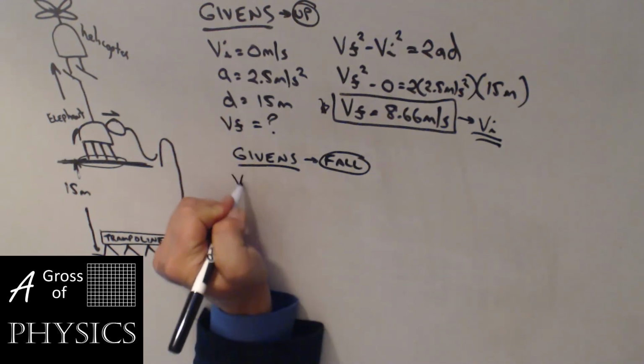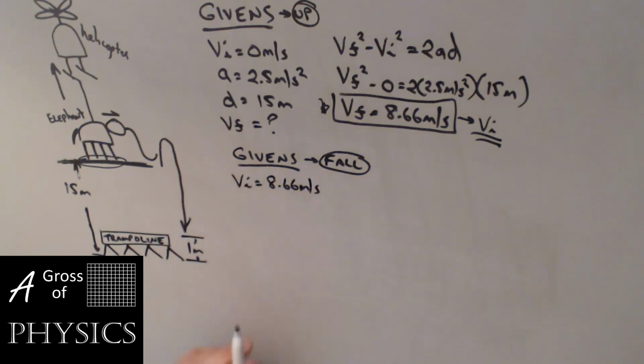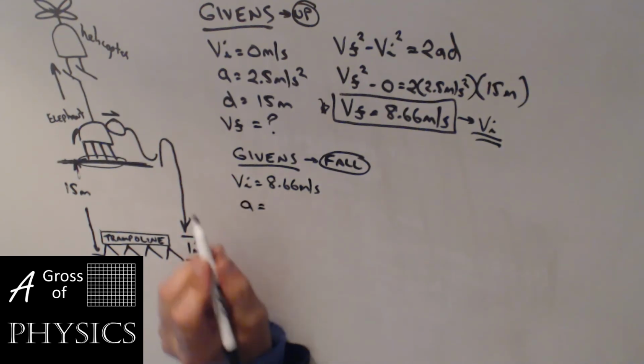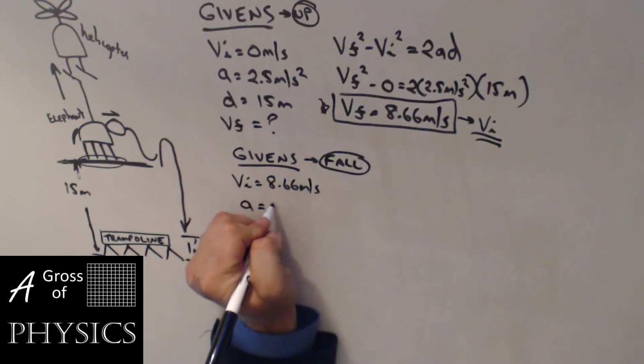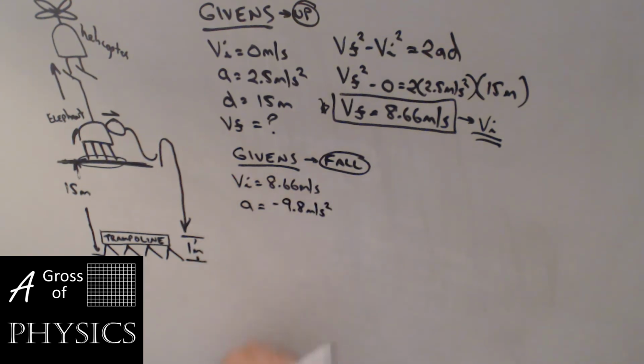So what I'm going to say is VI is 8.66 meters per second, and it was positive when it started. Well, now that the helicopter's not involved, it's going to be negative 9.8 meters per second squared. The helicopter was overcoming gravity in order for the elephant to be moving in the first place.